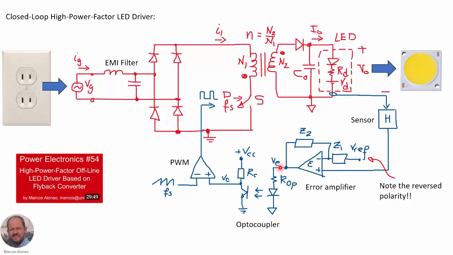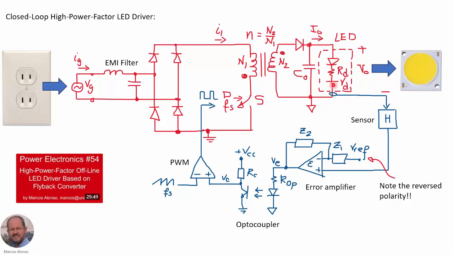So if we increase here the voltage at the output of the error amplifier, then this will increase the current through the LED, and this will increase the current through the collector of the bipolar transistor here, and at the end the voltage here at the output will decrease. So we need to compensate this negative sign here with the change in the polarity here at the input of the error amplifier.